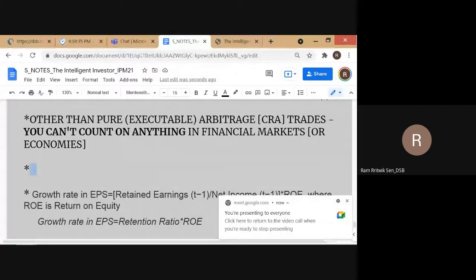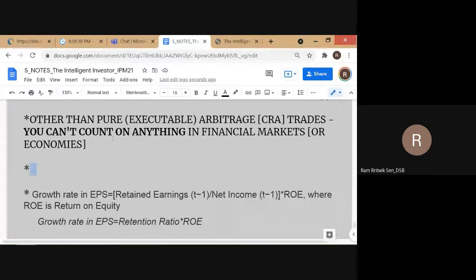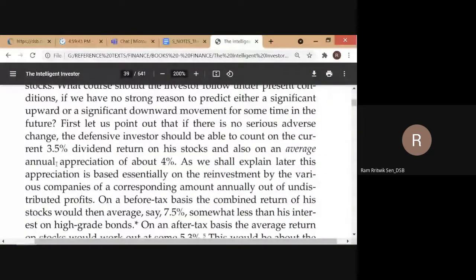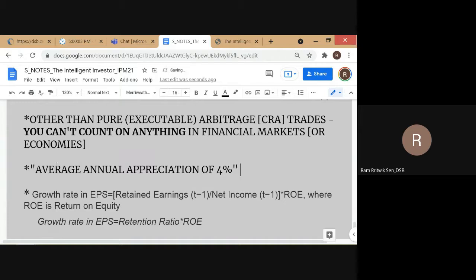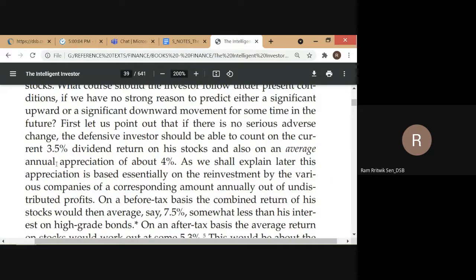Let me write this here. What is this here? Average annual appreciation of 4%. Okay, so this, as he says, is based on the expectation of reinvestment by various companies of a corresponding amount annually out of undistributed profits.